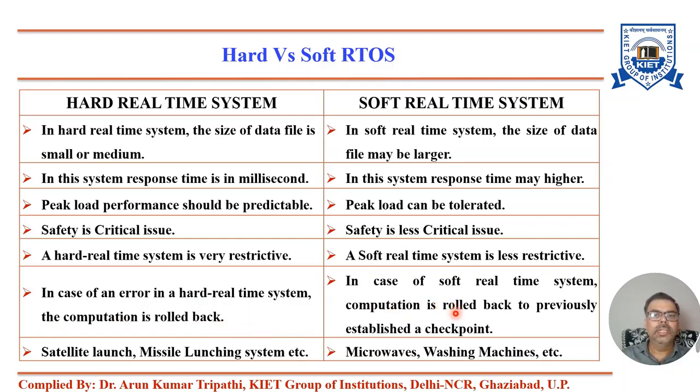While here, the computation is rolled back to the previously established checkpoint. Not the entire operation will roll back, only to the previous checkpoint. Examples, as we have already discussed, are the satellite launching system, missile launching system, etc. Here, the microwave, washing machines, multimedia transmission, etc.